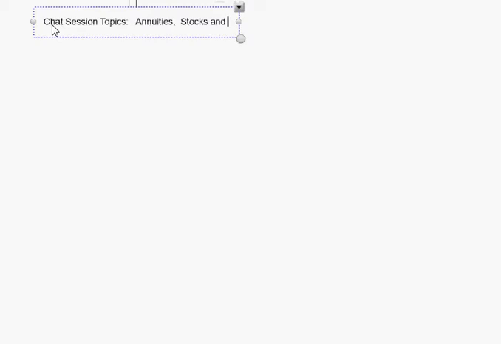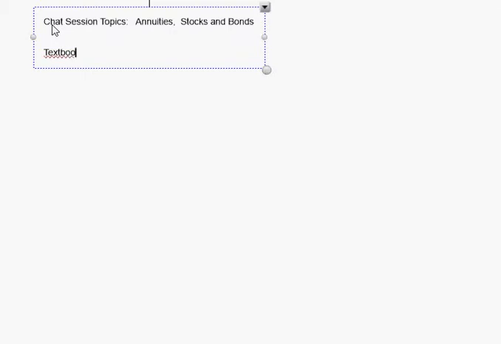Now we will talk about the following topics: annuities, stocks, and bonds. And this is from textbook Chapter 8, Section 4, 8.4.